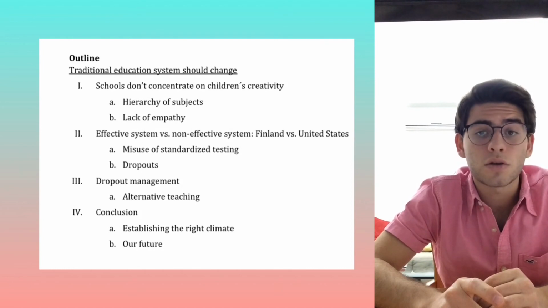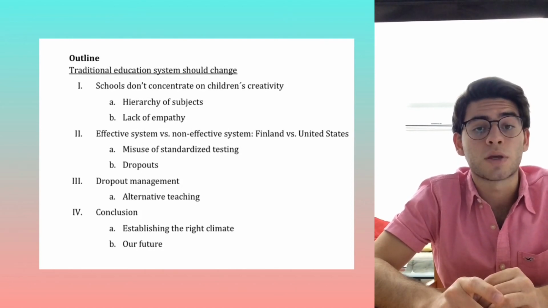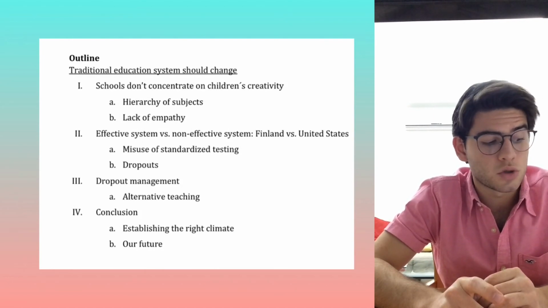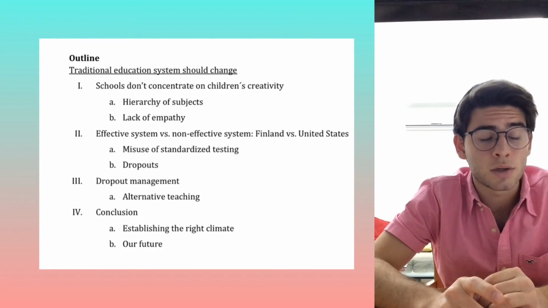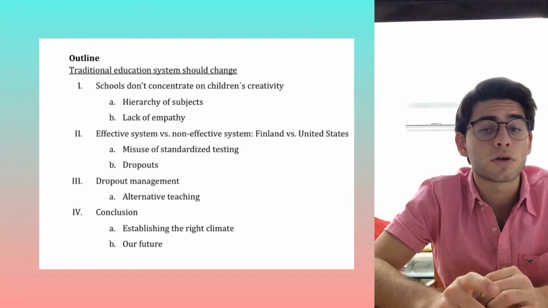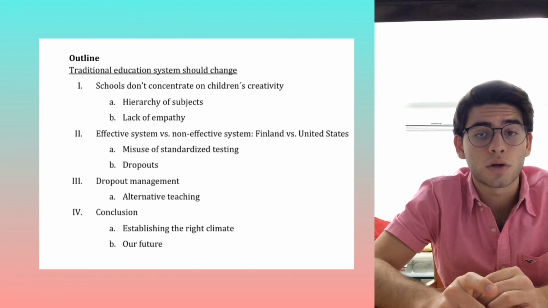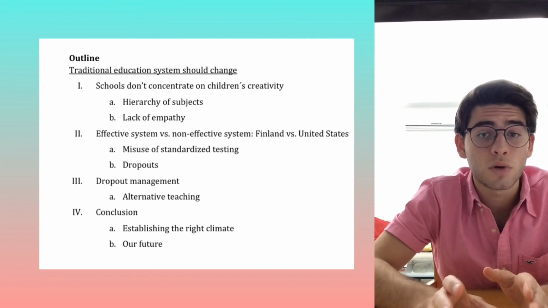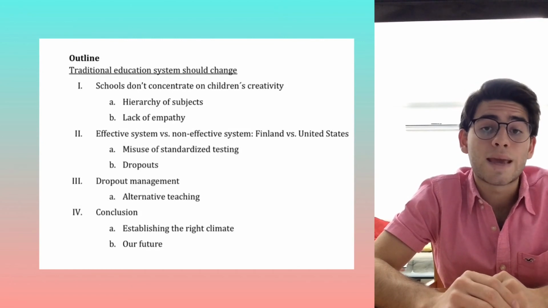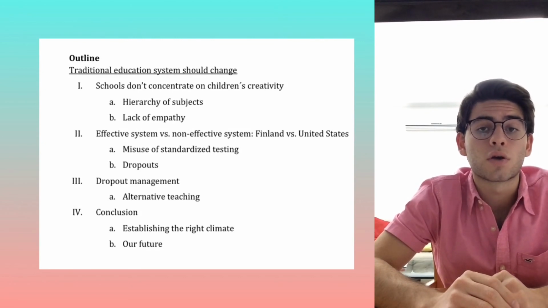So the third topic would be dropout management, and the subtopic would be alternative teaching. It doesn't matter if one paragraph is shorter than the other, as long as you put in the idea that you have to put in. Then you have to go for the conclusion.